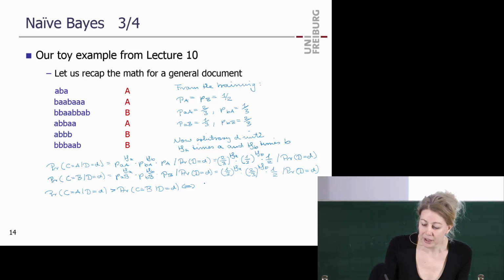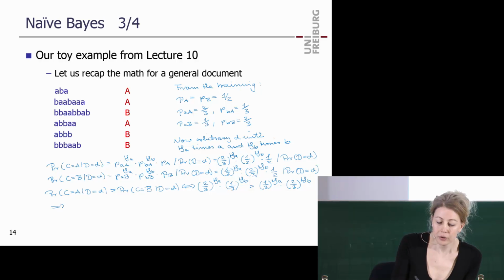So this will be exactly the case when 2/3 to the TFA times 1/3 to the TFB is greater than 1/3 to the TFA times 2/3 to the TFB, right?